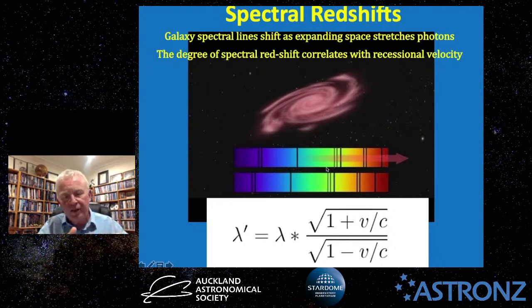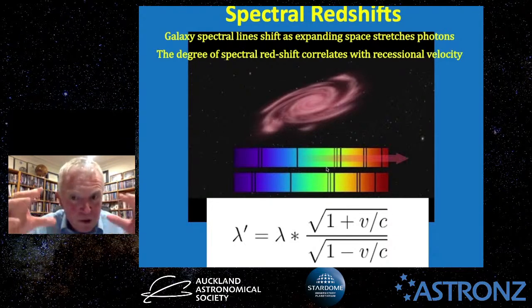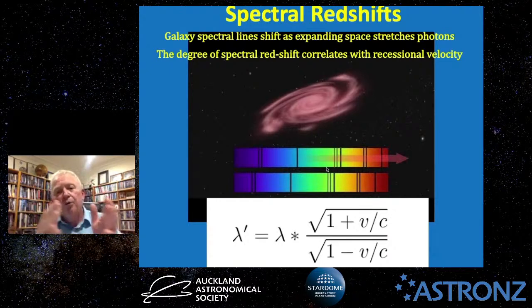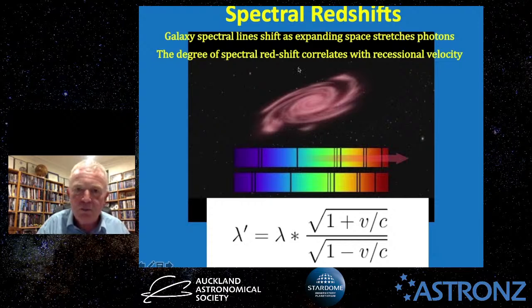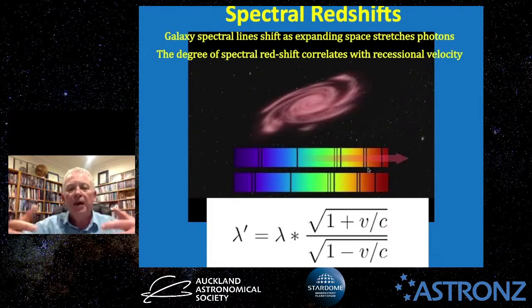But the light has a lot of distance to travel to us, and in the time it's been traveling, the universe has been busy expanding. So those photons of light, including the absorption lines, also get stretched out and pushed over towards longer wavelengths, the redder end of the spectrum. It's called redshift. The degree of spectral redshift of these absorption lines correlates directly with the recessional velocity, the velocity at which these galaxies are traveling away from us because of the expansion of space. It's known as cosmological spectral redshift.